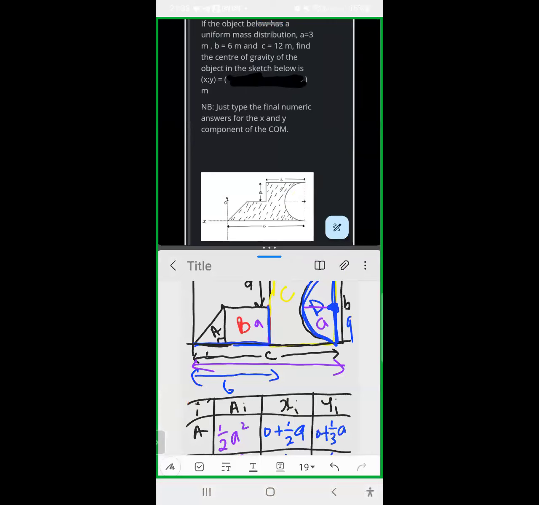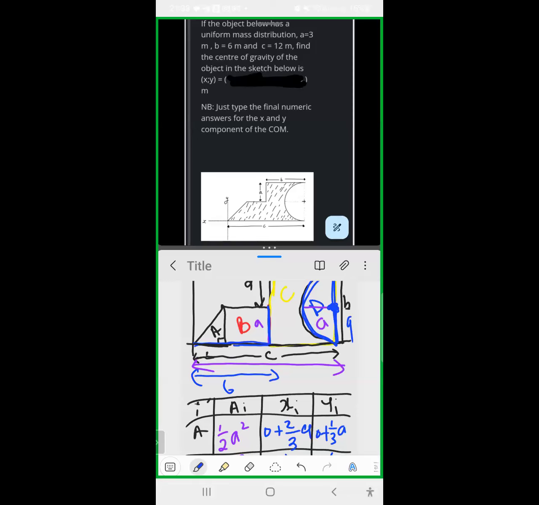Therefore, this was supposed to be 2 over 3. Let me rectify that. This was supposed to be 2 over 3 multiplied by the base, which is A units.